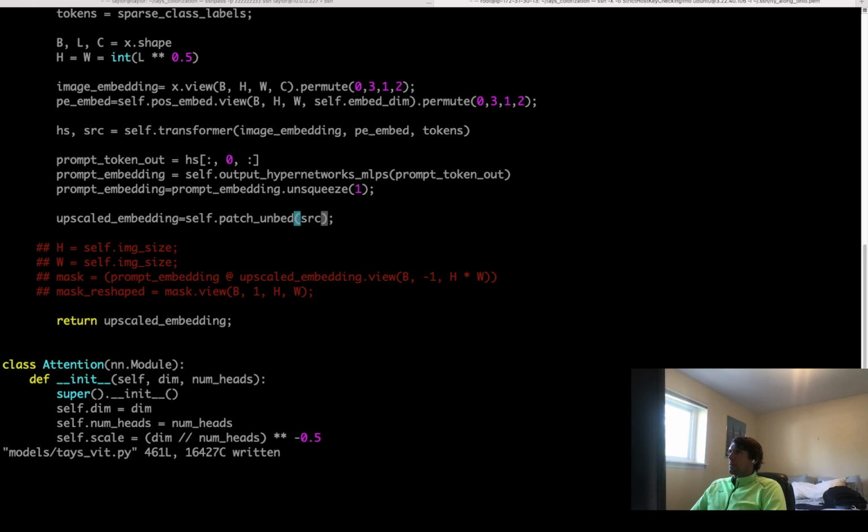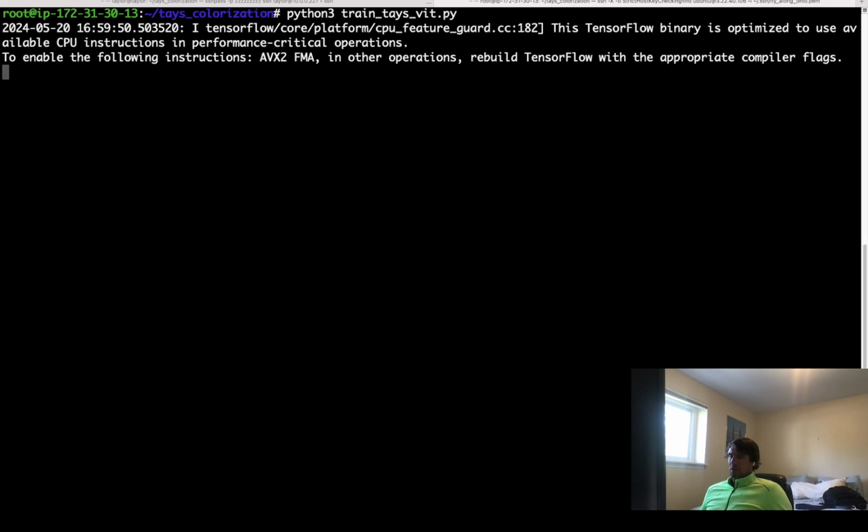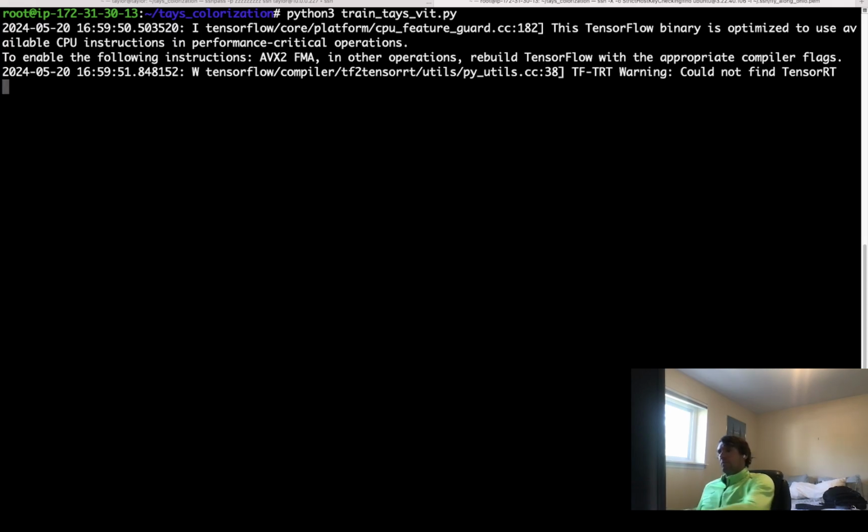We just need to do a convolution to put that one channel out rather than 64. So we'll just see how this does. If this does the same, and the ballpark is the same, then I don't know.